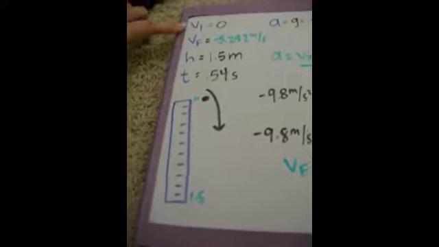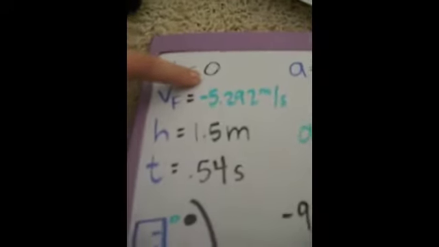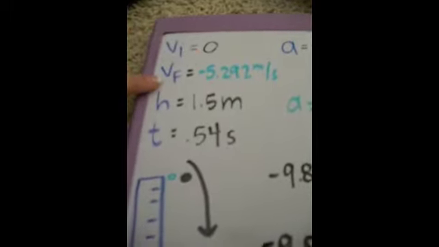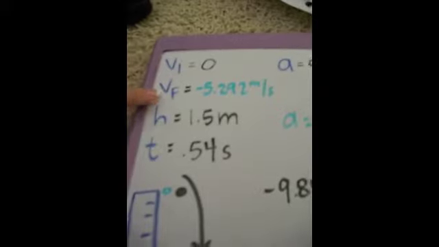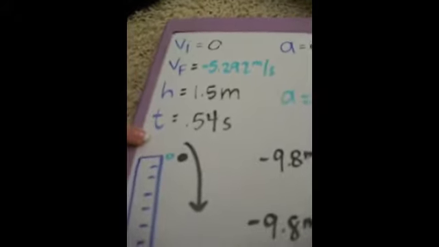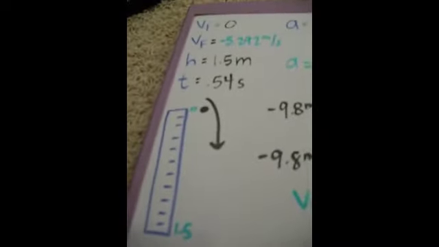What we knew, because of projectile motion, is that the initial velocity is 0 meters per second, because it's stationary. From there, we had to figure out what the final velocity was. We knew that the bookcase was 1.5 meters, and it took 0.54 seconds to get from the top of the bookcase all the way down to the ground.